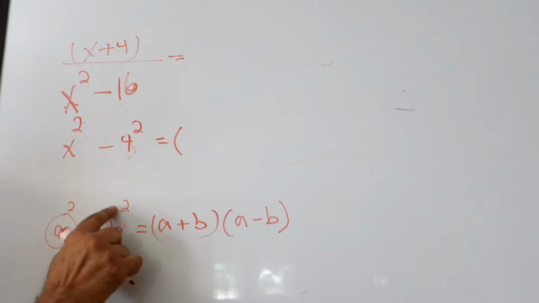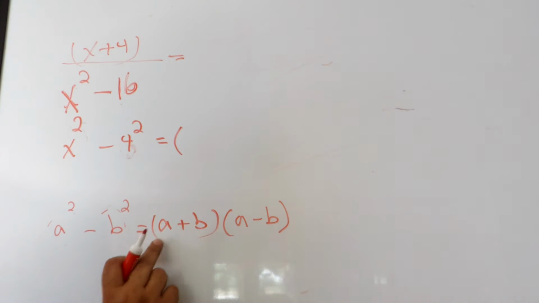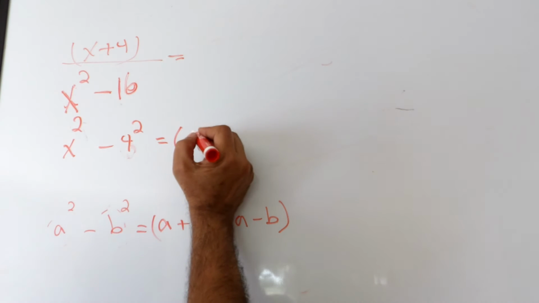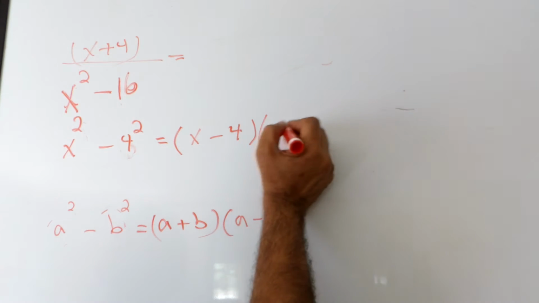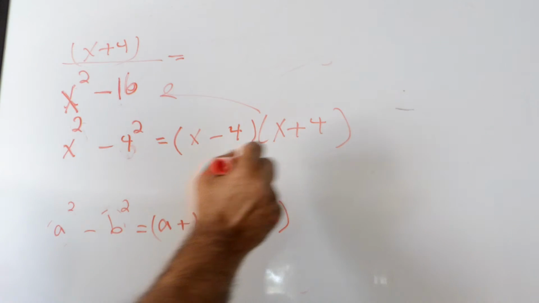If you want to write it in factor form, it's this way. We write a on both, and then plus b, minus b. So we say x minus 4 times x plus 4. And if we add these, we are going to get that.